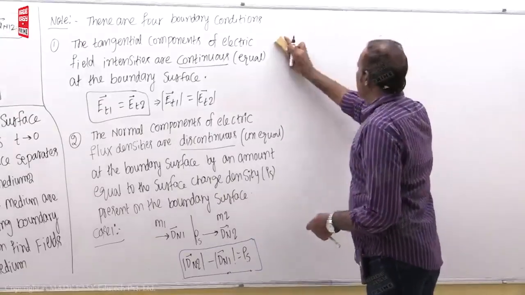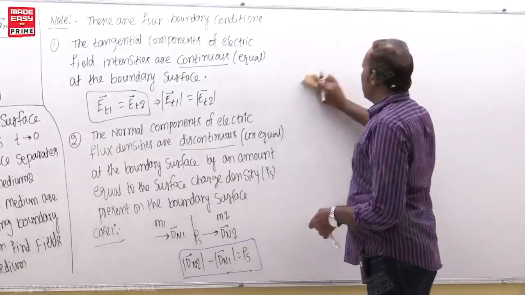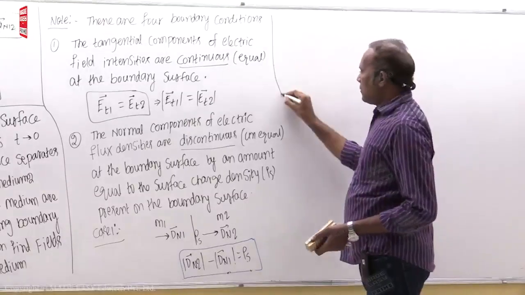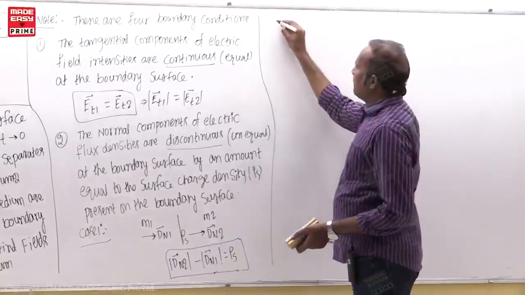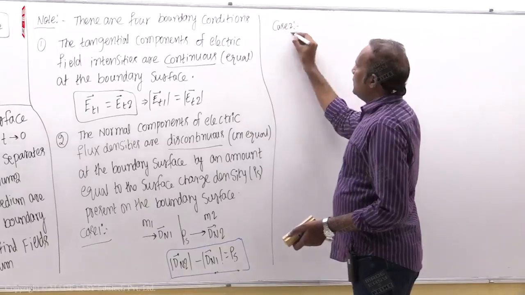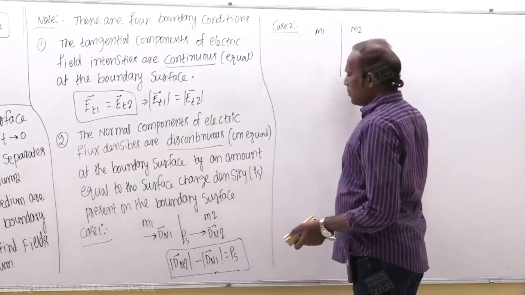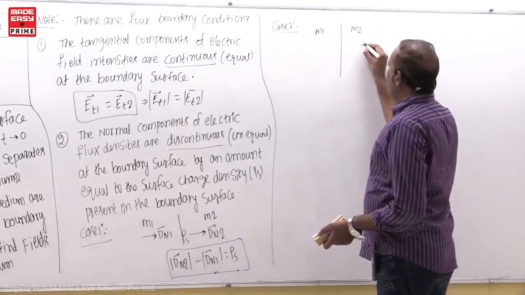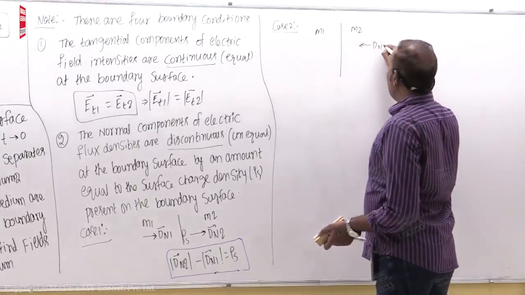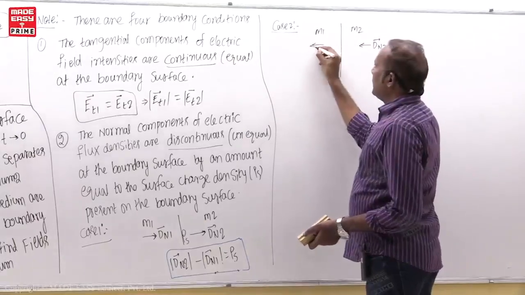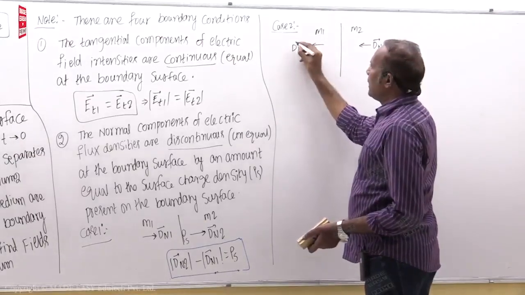For example, case 2, students. This is medium 1 and this is medium 2, and they have given Dn2 coming like this and Dn1 going like this.